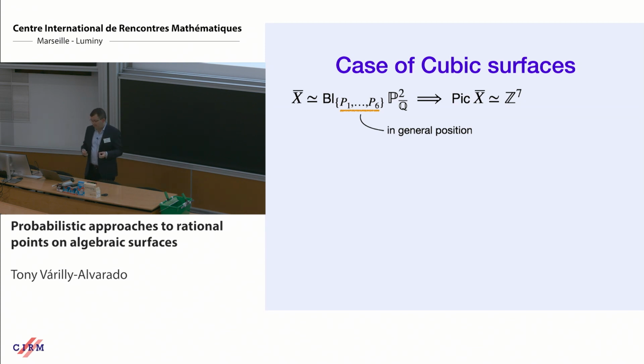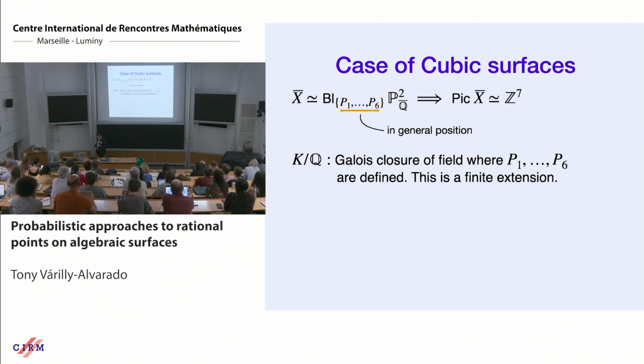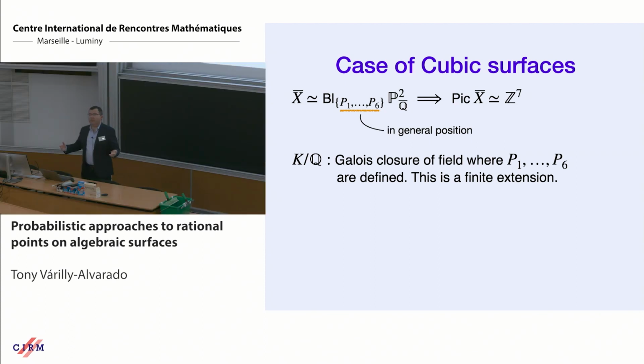I promised you that we would exchange Q-bar for some finite extension, and we're about to do that. Remember that these points, P1 through P6, are in Q-bar, so they have some coordinates. These coordinates are algebraic numbers. There are finitely many coordinates. Adjoin all of those coordinates to Q, take some Galois closure, and now you have a nice finite Galois extension.